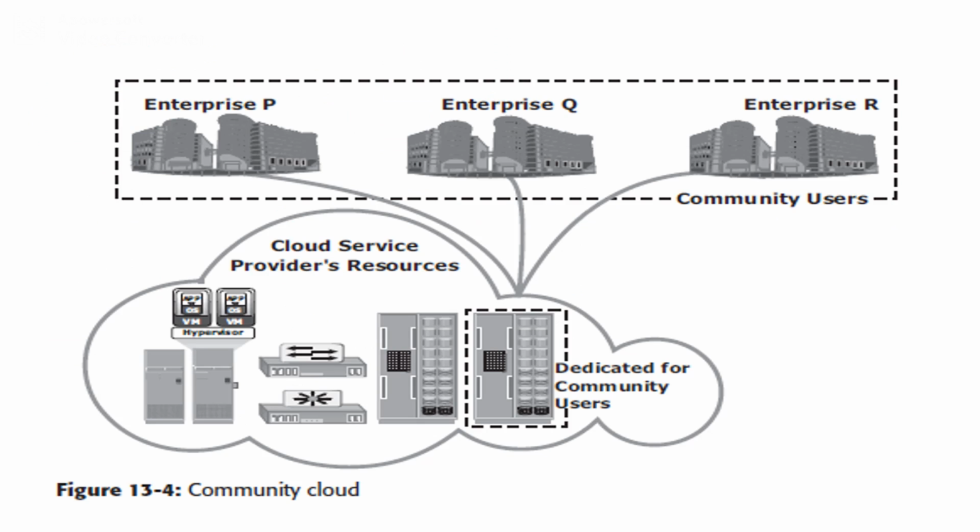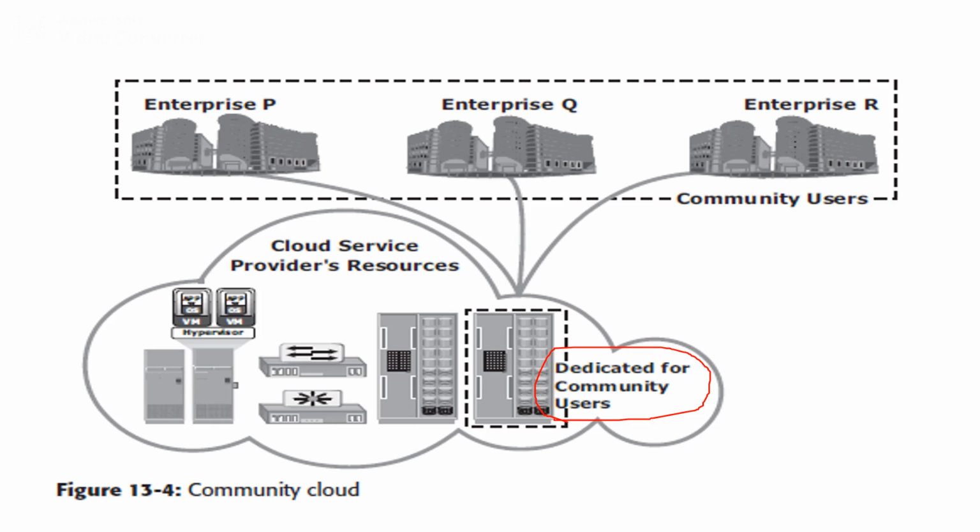Here the diagram shows the community cloud. As I mentioned before, the community cloud infrastructure is provisioned for exclusive use by a specific community, and we have the dedicated community users here.